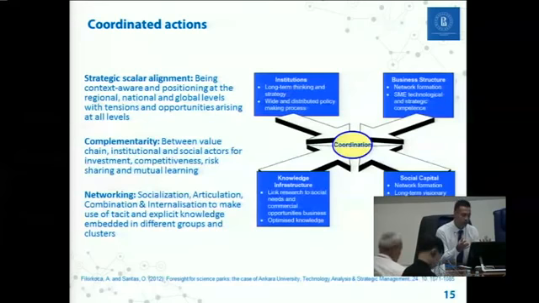And this is not only for industrial value chains, this is also for service value chains, and then to create all sorts of technological and social innovations. We also need networking between them for socialization, articulation, combination, and internationalization to make use of tacit and explicit knowledge and to bring them together. So there's a role for everyone when it comes to the actors in the system.